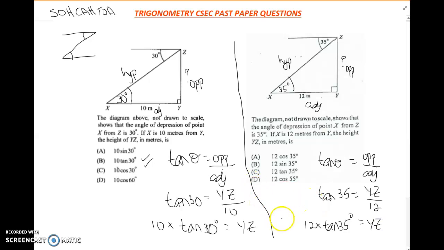And that is 12 tan. So you can write it as 12, remove the multiplication sign. Same thing here, tan 30. So this one here is 12 tan 35 degrees. Again, very easy. Just takes practice, right?